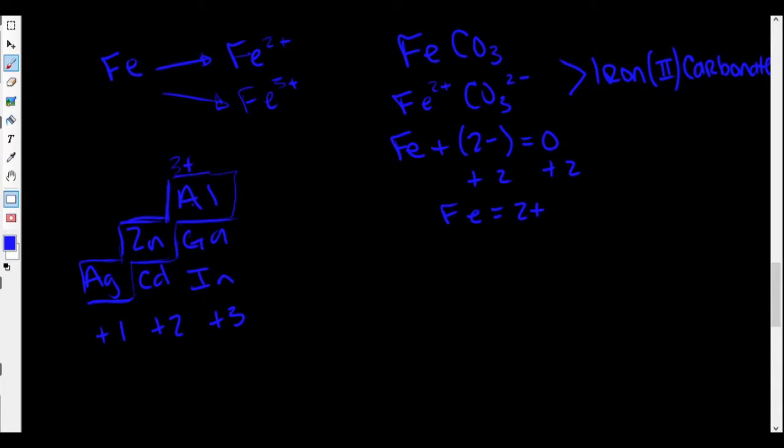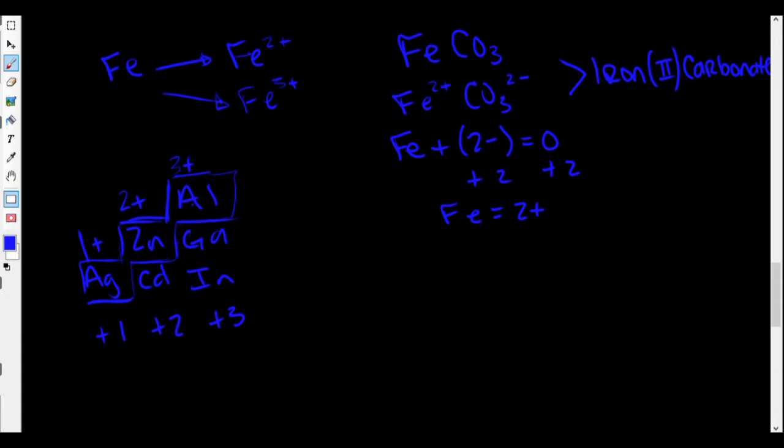Aluminum has a 3+ charge, so do the 2 underneath it. Zinc only has a +2 charge, so 3, 2, 1. You can think 3 of these with a 3+ charge. Zinc and cadmium both have 2+ charges, and then silver has a 1+ charge.